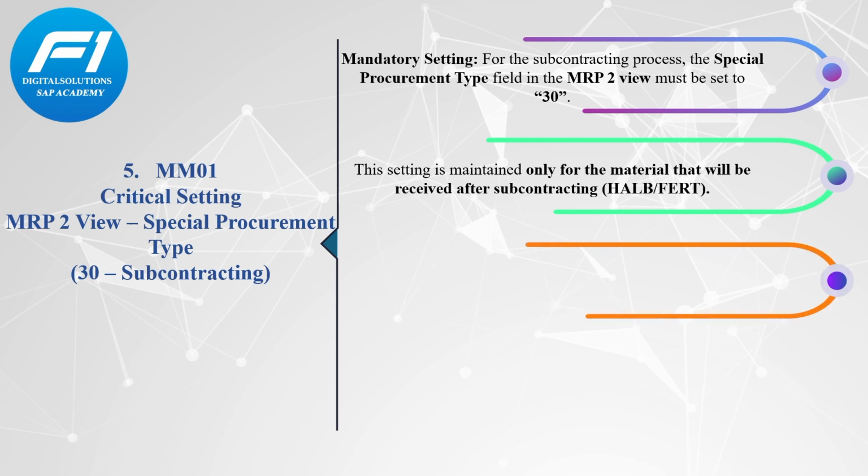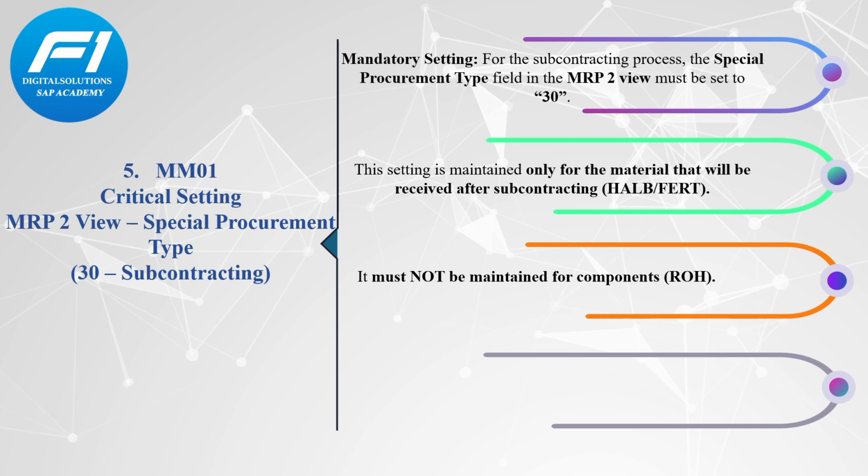This means HILB or FAR material. We must not use these settings for all components. Raw materials must stay normal. Also, the main procurement type must be F. F stands for external procurement.